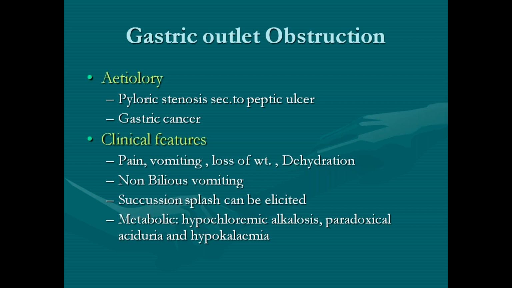Nowadays, the trend of pyloric stenosis secondary to peptic ulcer is decreasing because of the increased usage of PPIs. So in a present scenario, if a patient presents with GOO, we have to definitely rule out a malignancy.